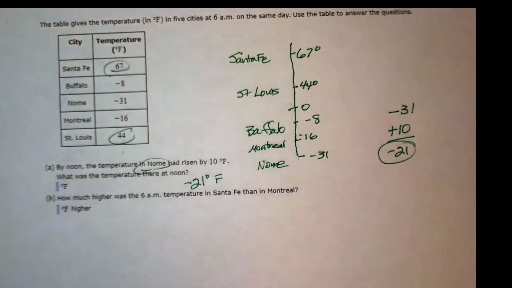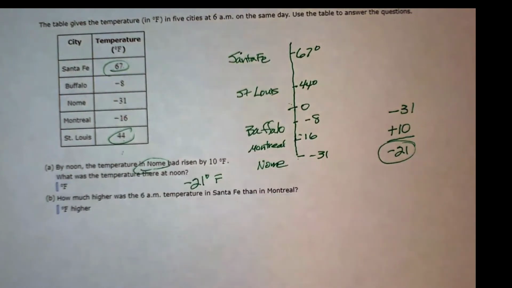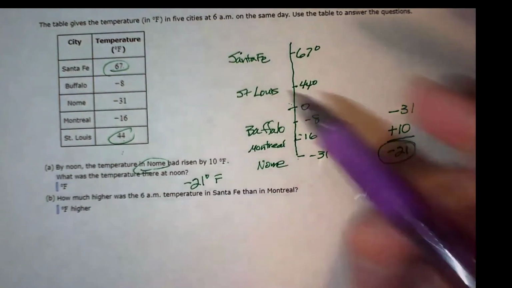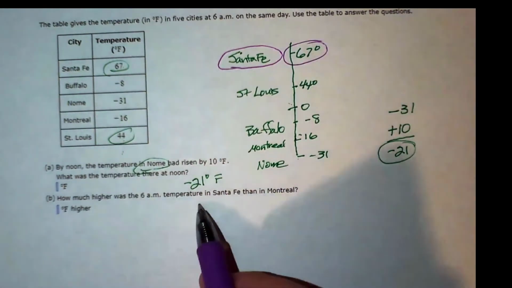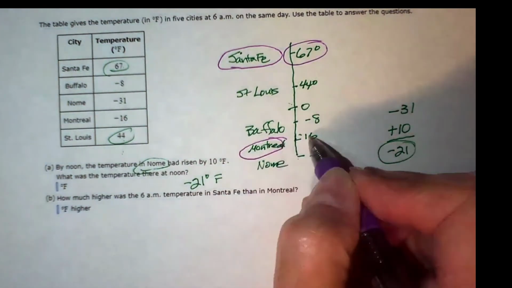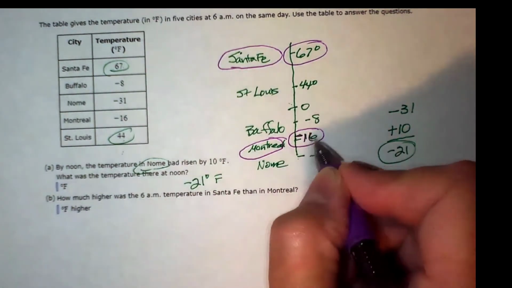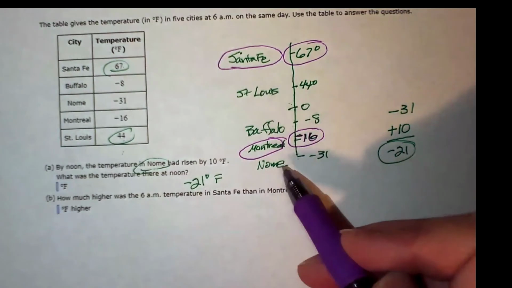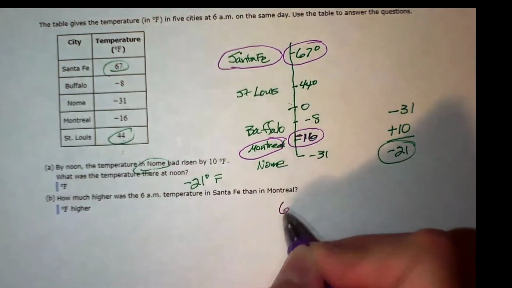The next one I think is the trickier one. How much higher was the 6 a.m. temperature in Santa Fe, which was 67 degrees, than Montreal? So I'm comparing Santa Fe to Montreal, which is -16. Santa Fe is 67 degrees.